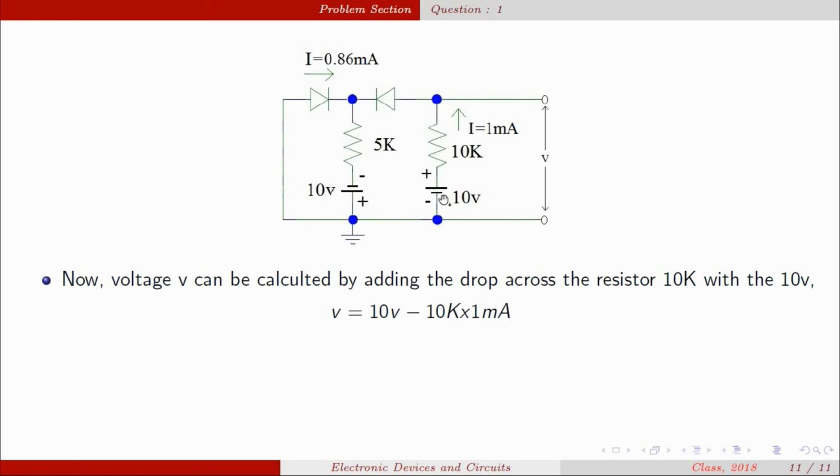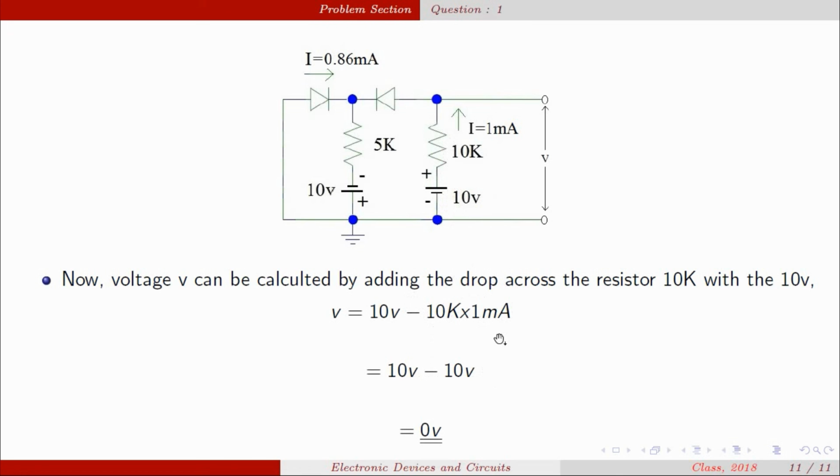So 10 minus 10k into 1 milliampere, that's 10 volt minus 10 volt, equal to 0 volt. The answer is 0 volt.